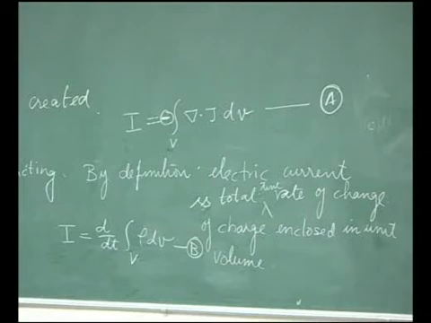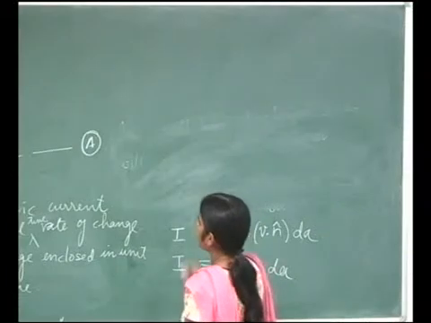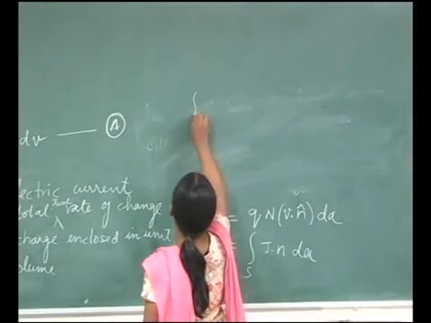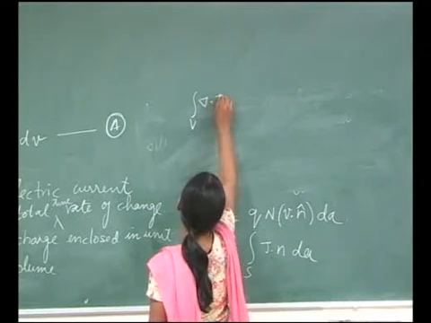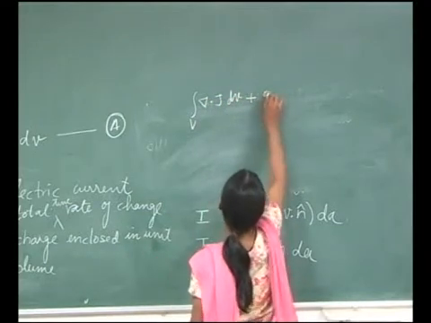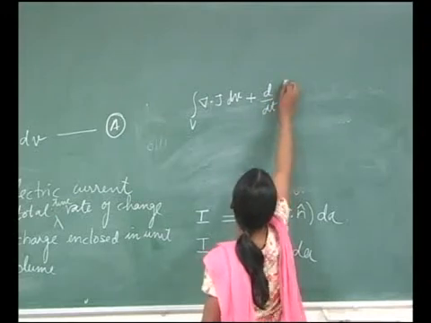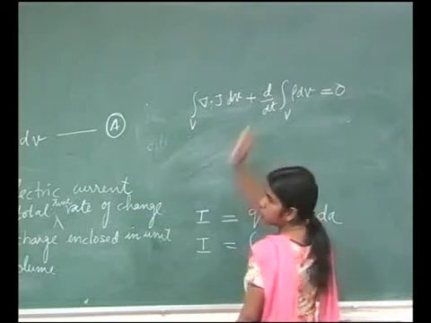I get integral over V del dot J dV plus d by dt integral over V rho dV is equal to 0.